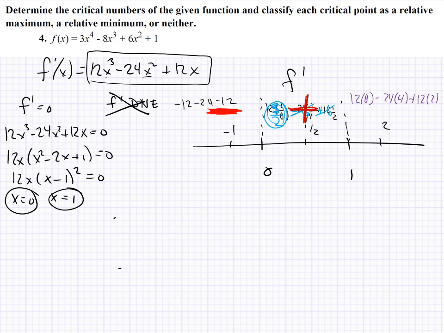So you see that what we're going to get here is 12 times 8 is going to give me 96, minus 24 times 4 would give me 96, plus 12 times 2 would give me 24. So these cancel, and you see you end up getting another positive. Okay. So what do we have? We have our function is decreasing, then increasing some more.